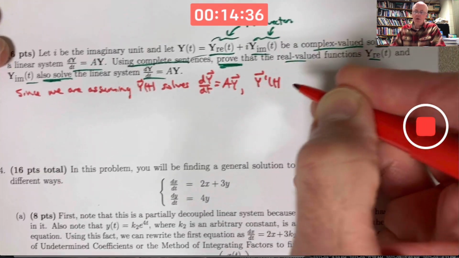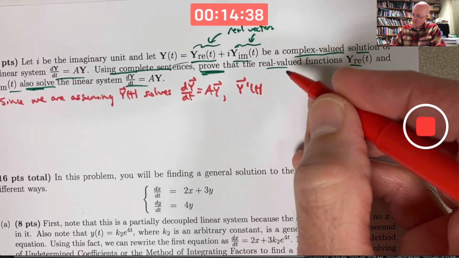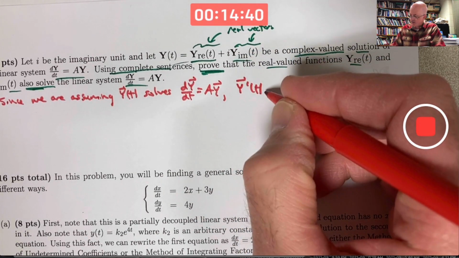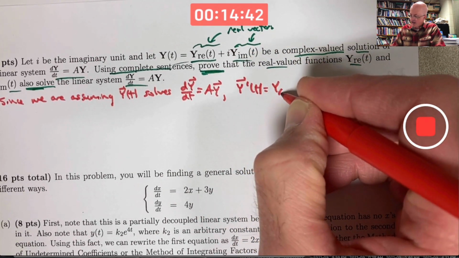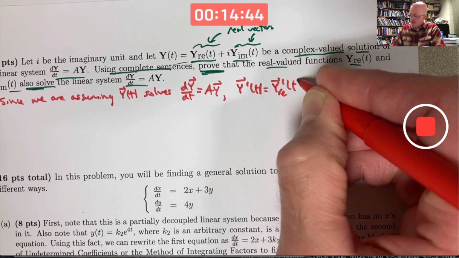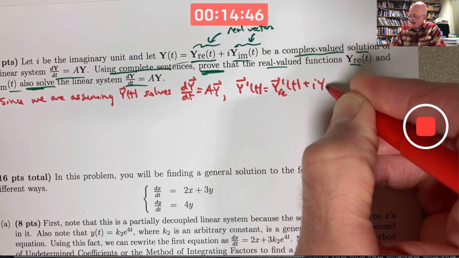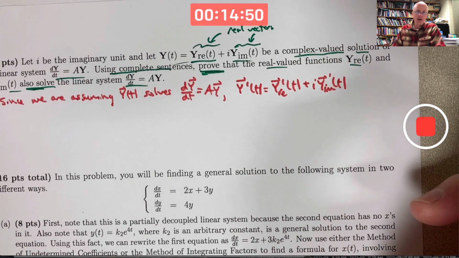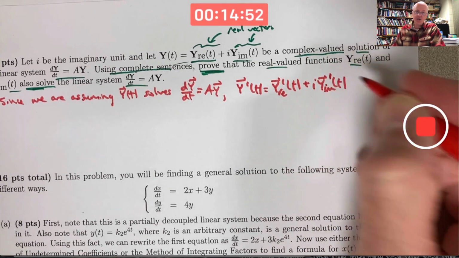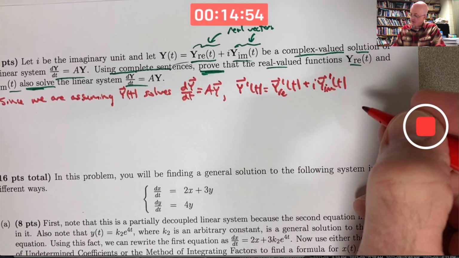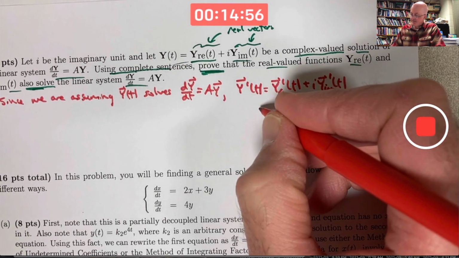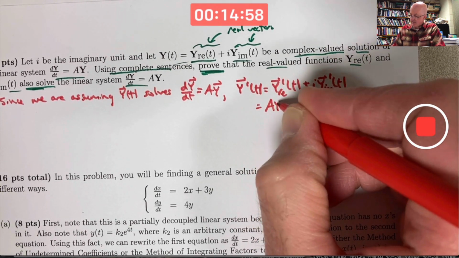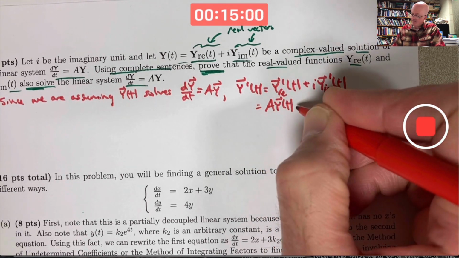of t, which you do differentiate by doing each piece here individually, that would be yre prime of t plus yim of t prime. Okay, that's a definition of how you differentiate a complex valued vector function, that you're going to get A times y of t for all t.